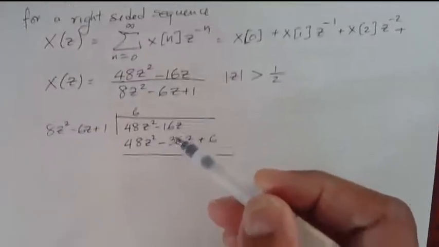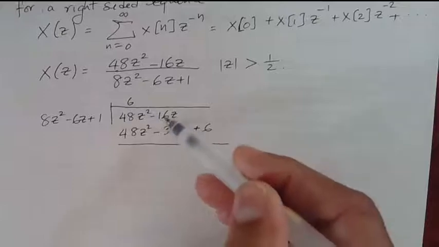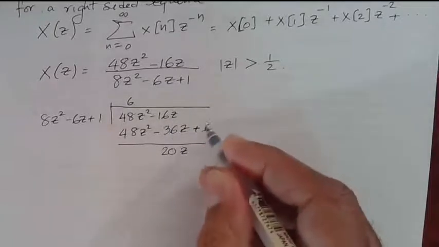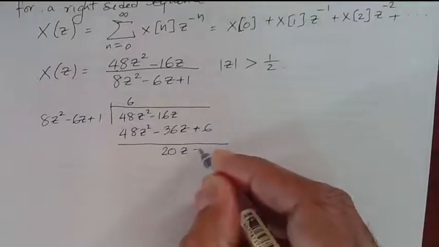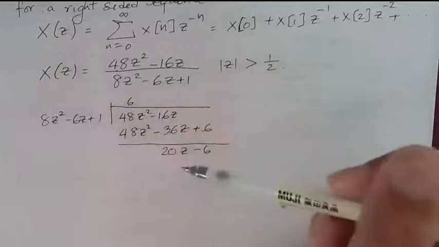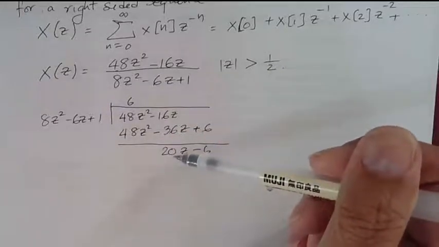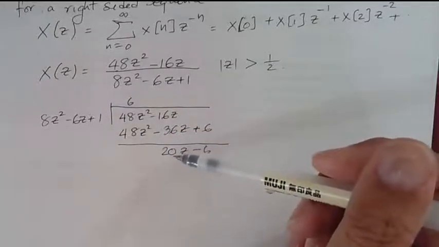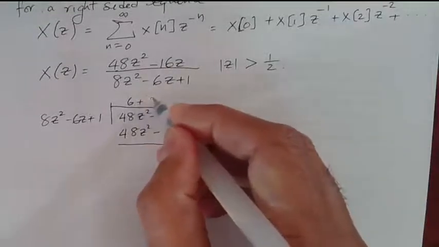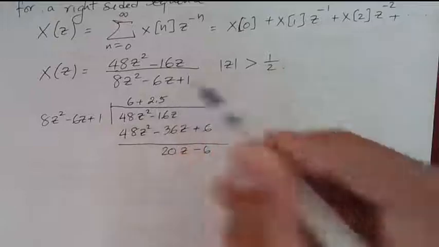That gives me 0 here, minus 16 plus 36 gives me 20z, and 0 minus 6 gives me minus 6. So now the next term is 8 goes into 20 how many times? Well, 2.5 times, right? So it'll be plus 2.5.